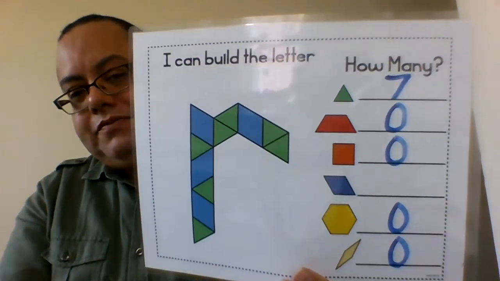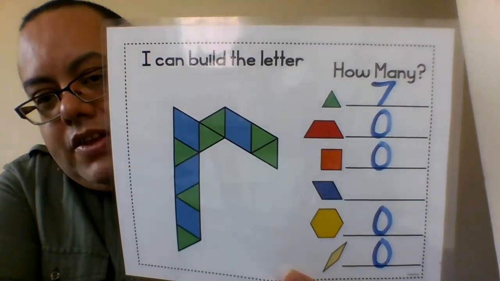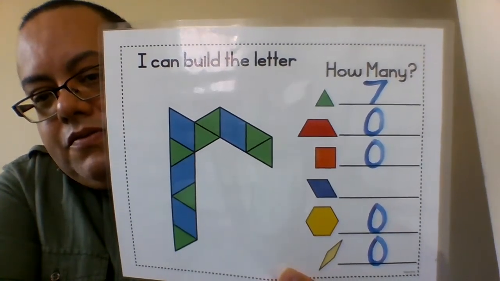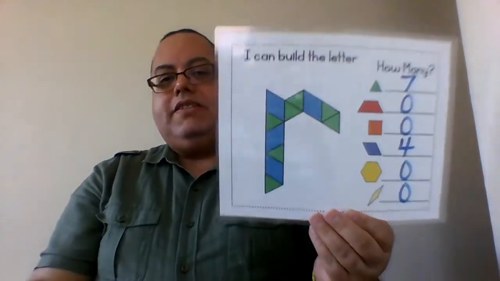No. That's 0. So now I'm going to show you the letter R again. Subitize and tell me how many blue rhombuses do you see? How many do you see? Exactly, 4. Down and across and down once more. That's the way to make a 4.